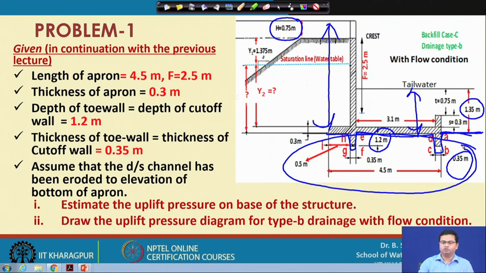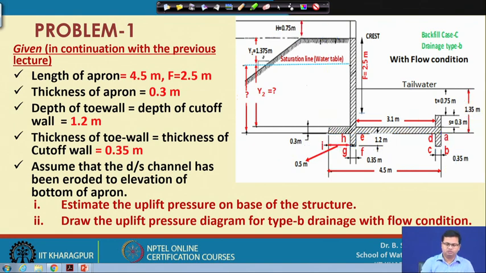That is why the pore pressure or uplift pressure is created at these contact surfaces of the structure and the foundation material. Once this is clear, we can go for calculation of the uplift pressure.